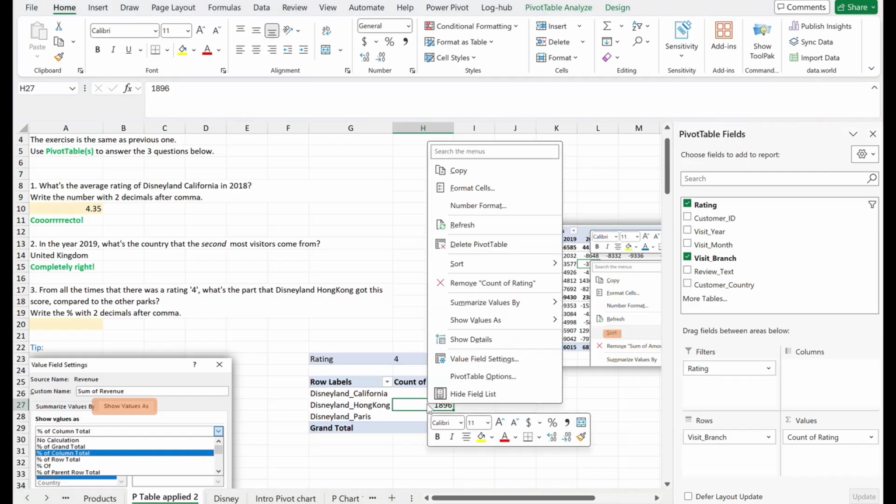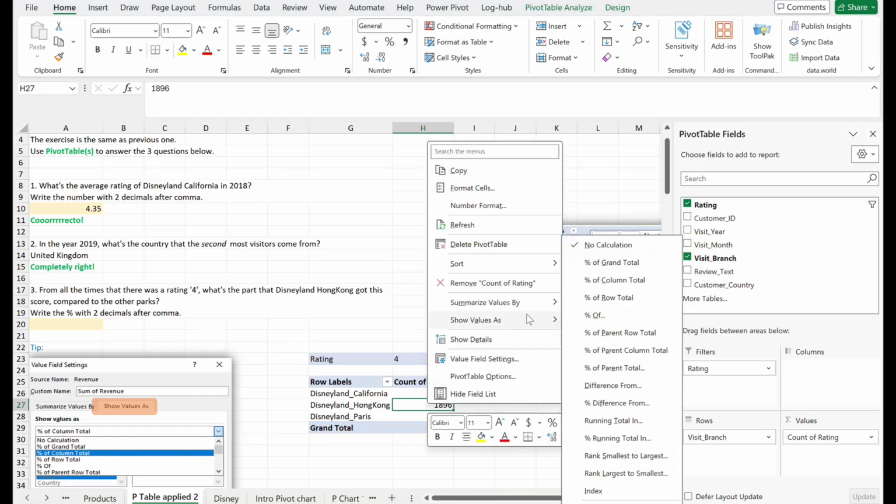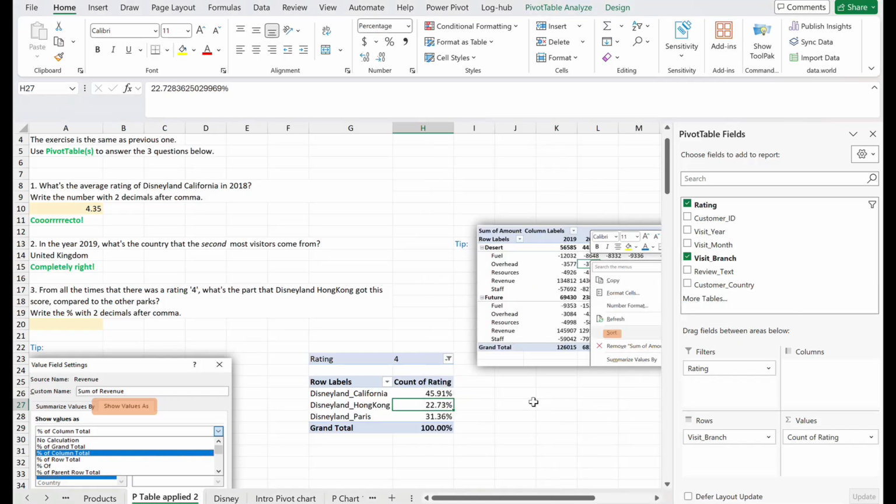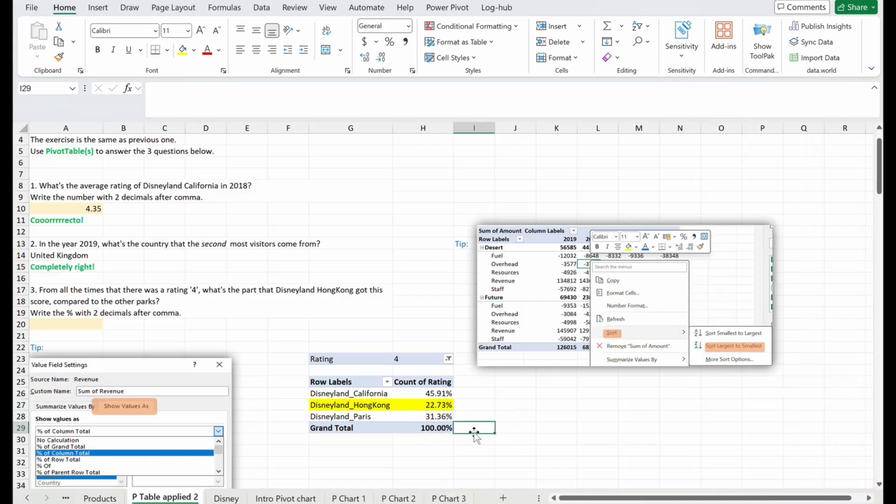And then we don't want to see the numbers, but we want to see the percentages. So basically, this shows of all the times that the customers gave a 4 as a rating, 22% of the times that was in Hong Kong. So 22.73.